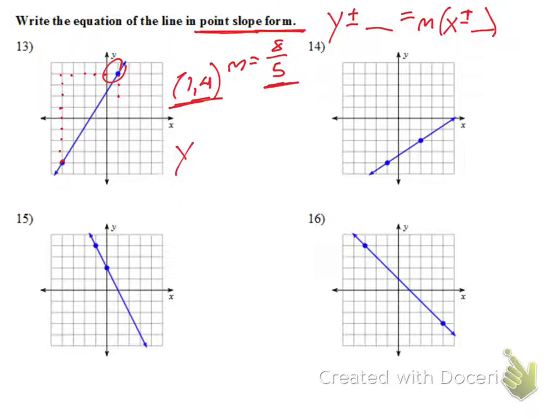So y, opposite of my other y, so that's minus 4, is equal to, my slope is 8/5, and then x, and then I'm going to put in the opposite x, so minus 1, okay? And that's my equation right there.